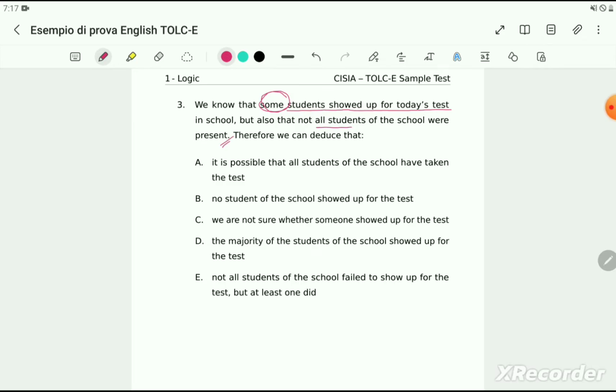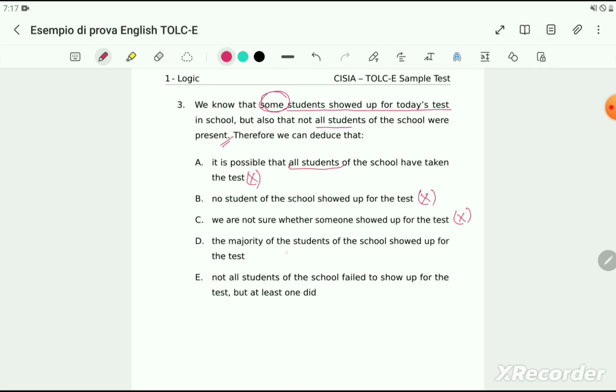Is it possible? No, because all students didn't come to the school. So this cannot be an answer. No student of the school showed up for the test. This also is not true, because we know some students of course joined. We are not sure whether someone showed up for the test. No, we're sure because it's written some students showed up.